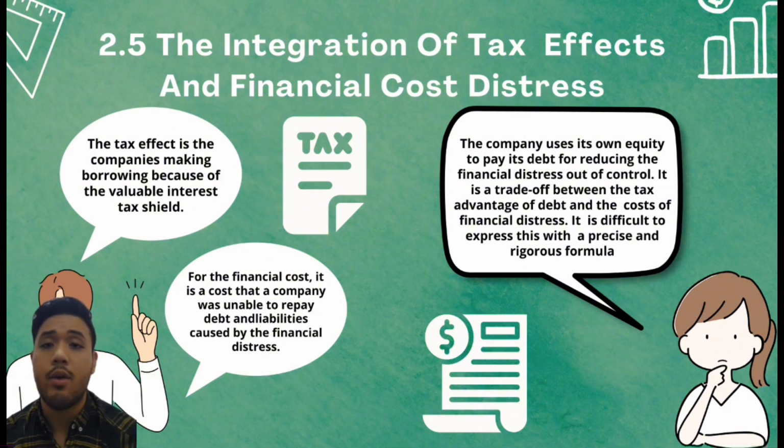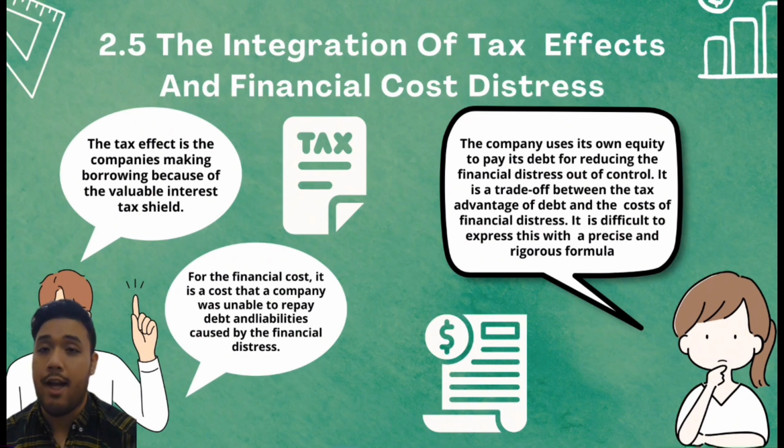The company uses its own equity to pay its debt to keep the financial distress from getting out of control. It is a trade-off between the tax advantage of debt and the cost of financial distress. It is difficult to express this with a precise and rigorous formula.